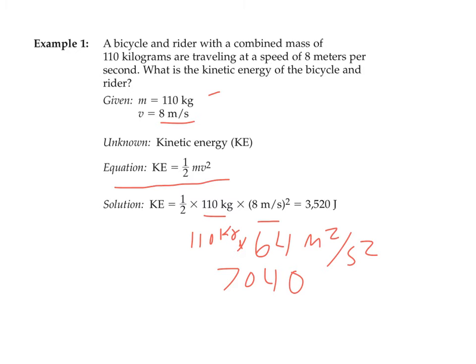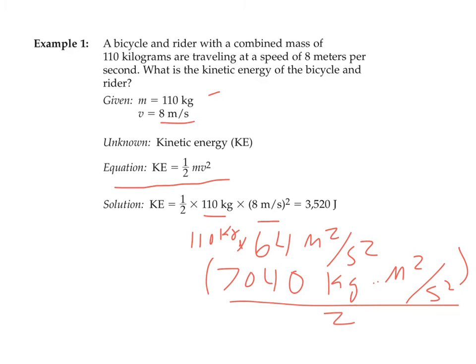And what are our units here? Kg times meters squared per second squared. All right. And now we take this and we divide this by 2. Okay. So our final answer is going to be KE is going to equal 3520 joules.